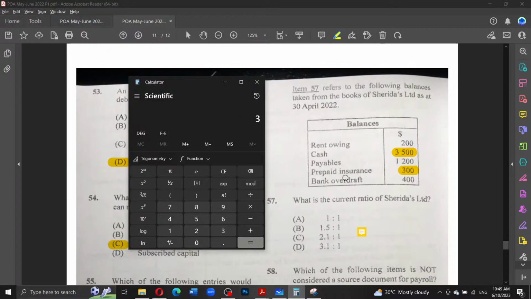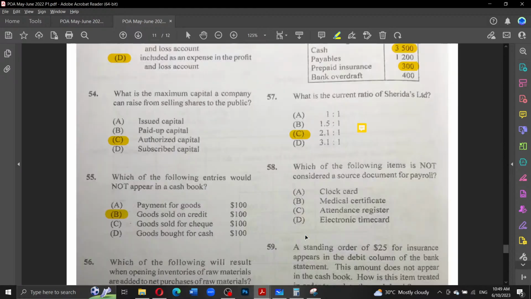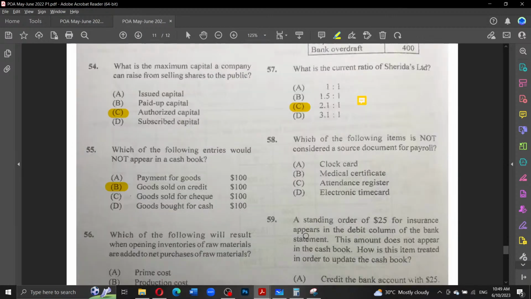So you add 500 plus 300, that's 800, divided by 2 plus 2, 1,400, 1,800. So it's 2.11 expressed to 1. The answer is C.